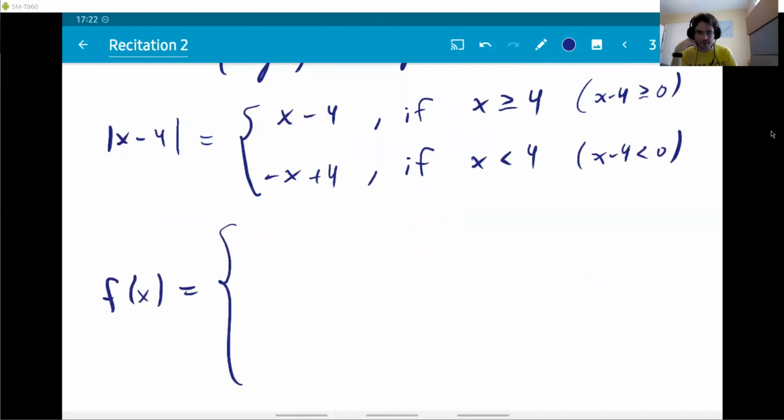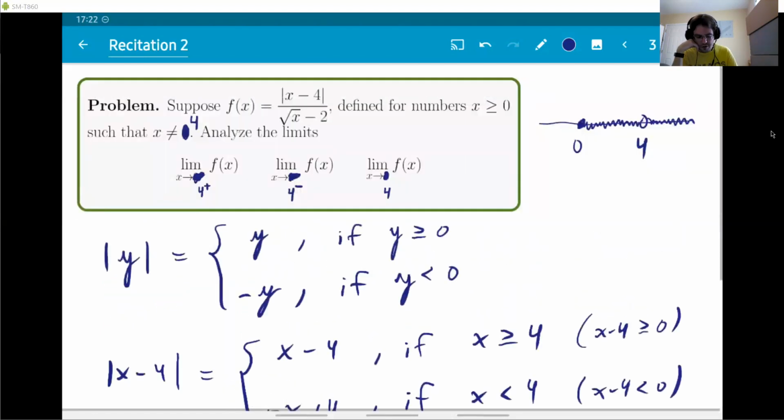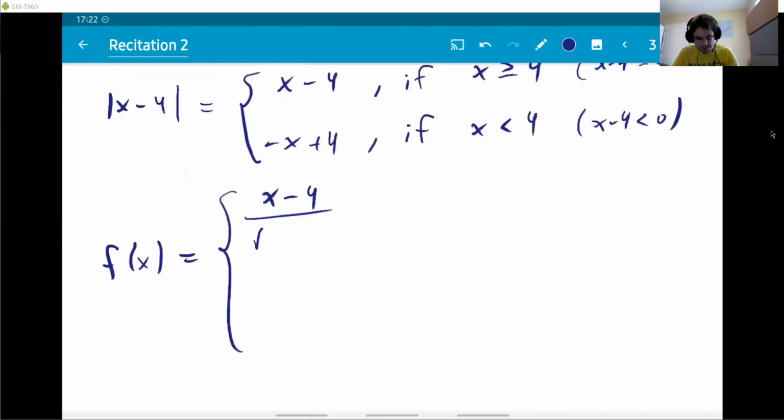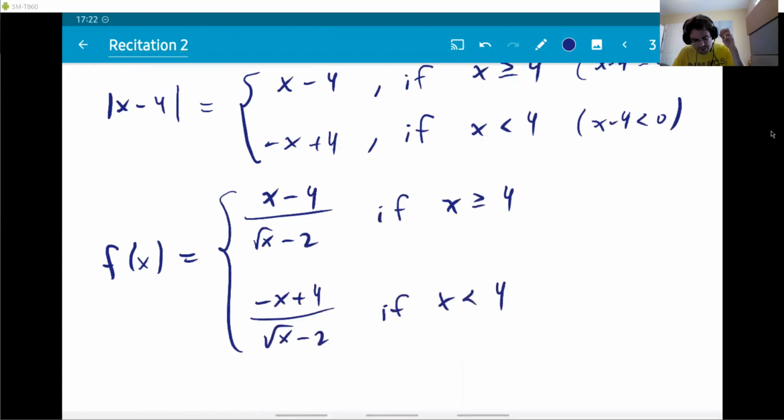I'm just going to rewrite the function. It had an absolute value of x minus 4 in the numerator, and then this denominator stays the same, root x minus 2. And it has a different expression if x is less than 4. So it's a piecewise function. And the limits that we're talking about are all at this number 4 where the function changes behavior.